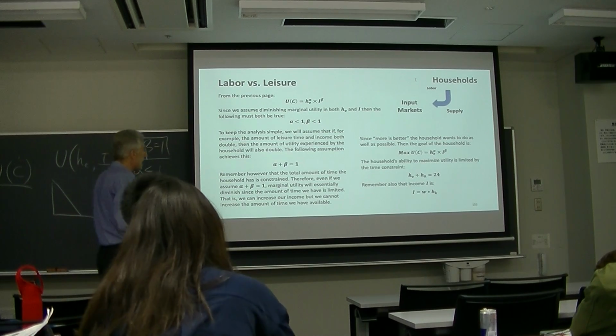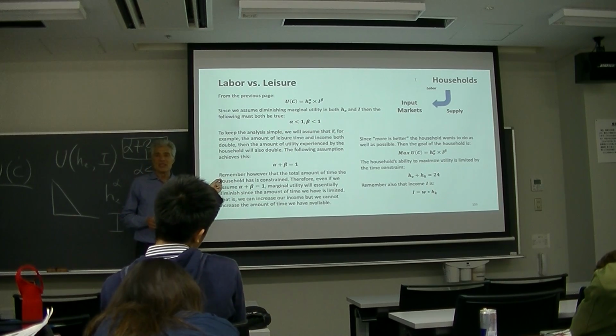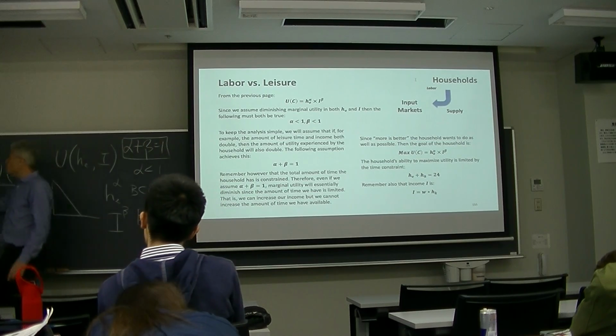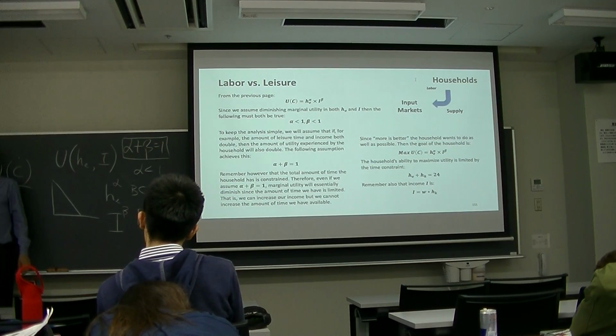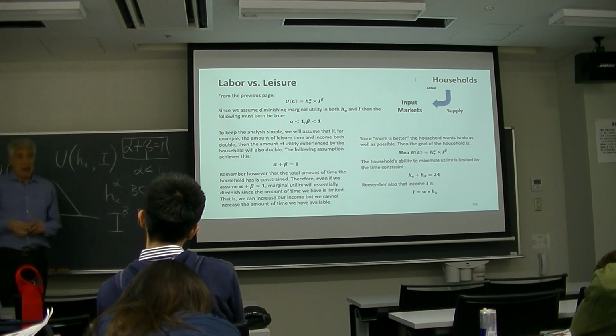Now, what's interesting about that is that it actually does say something interesting. Because even if this is 1, even if we can double our utility by doubling both our time and income, what do we ultimately run out of? We run out of time. There's only so much time. We can make a lot of money.